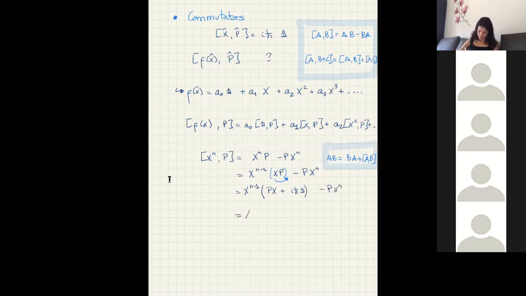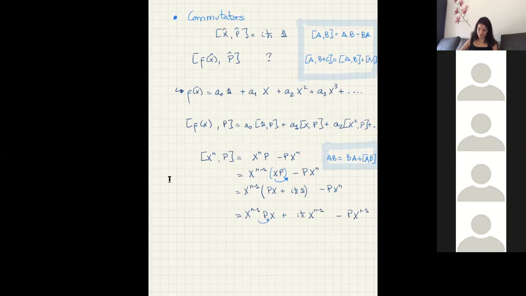So that's x to the n minus 1 times px plus i h bar x to the n minus 1, minus p x to the n. And now we do the same thing again, where we want to move the next x to the other side, and we'll do it again and again and again.